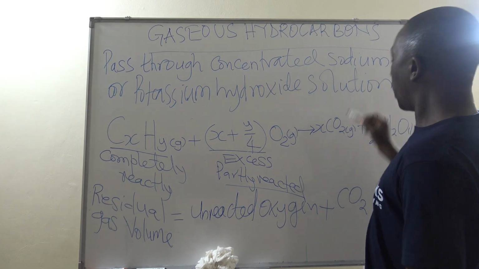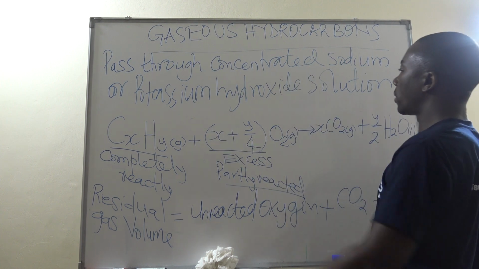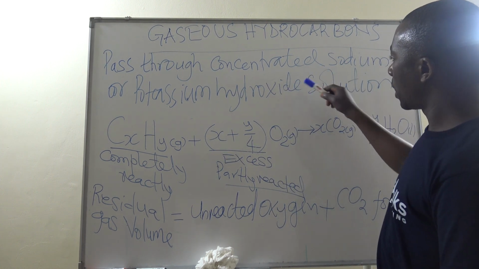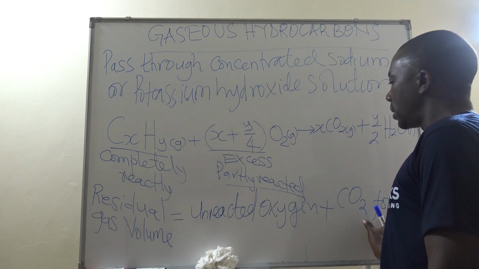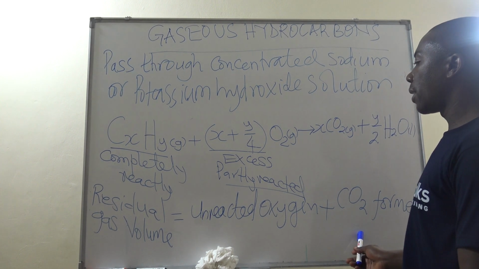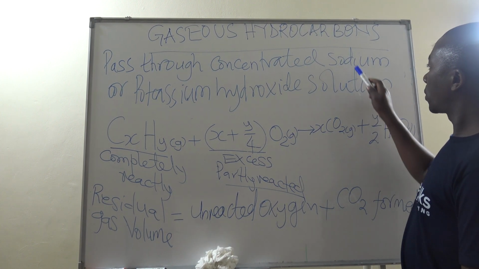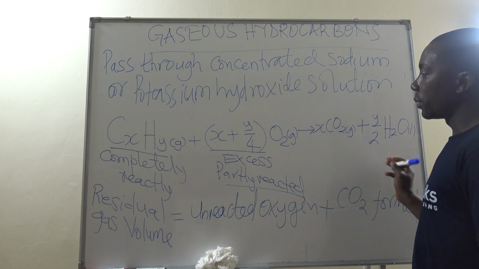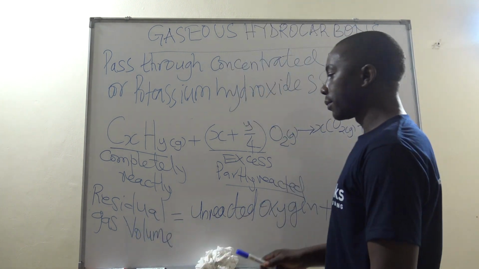When we pass it through either of the two solutions, actually we can say concentrated alkalis, the concentrated alkali is a base, and therefore this base reacts with the carbon dioxide, since carbon dioxide is an acidic gas. So the acidic gas reacts with the alkali to form a salt. Therefore, the residual gas volume reduces.